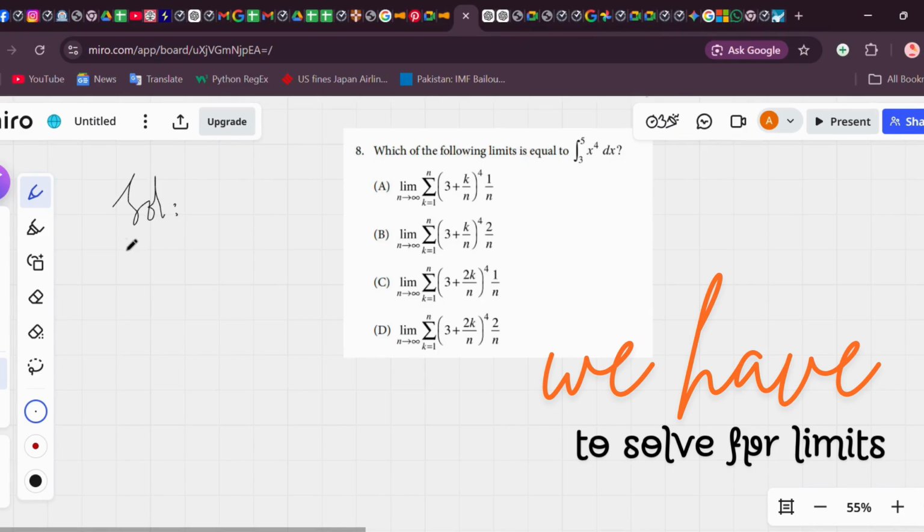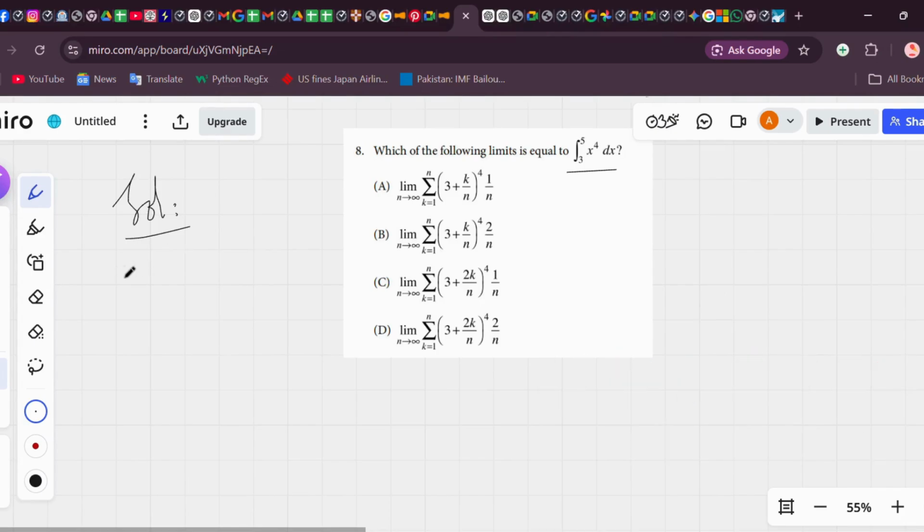To check which of the limits is equal to the function we have, we will first solve the equation we have, the integral from 3 to 5 of x to the power 4 dx.